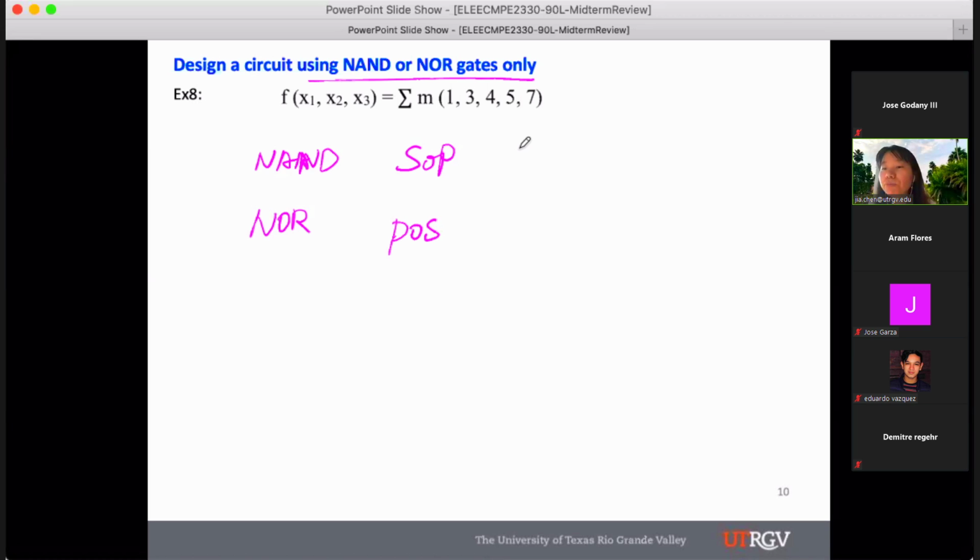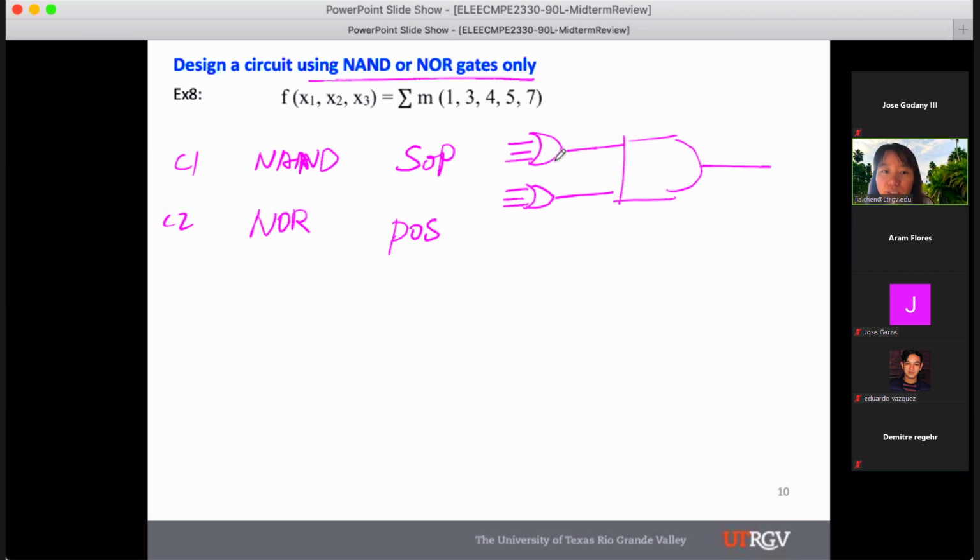First, you implement using the most direct way. So you have several sums, OR gates, then you connect them with the AND gate.